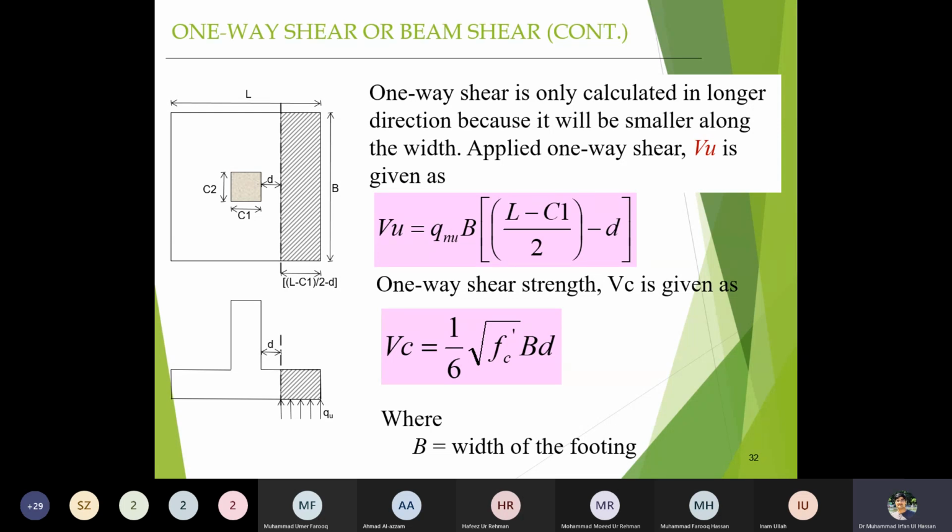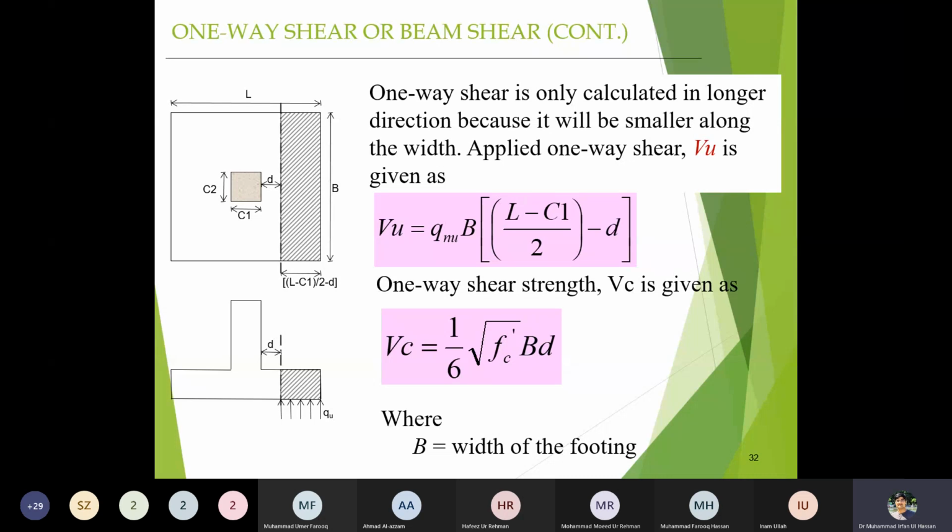So the applied one-way shear is given as Qu into B, the net factored load pressure into the width B, because normally we compute the one-way shear across the full width of the footing. So the full width is multiplied by the distance, that is the shaded part. I have told you that one-way shear is critical at a distance d from the face of the column. So you can compute the one-way shear from L minus C1, the column size, divided by 2, minus d. This will give you the critical one-way shear at a distance d from the face of the column.